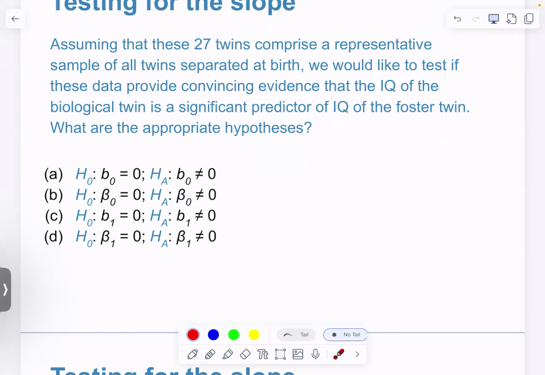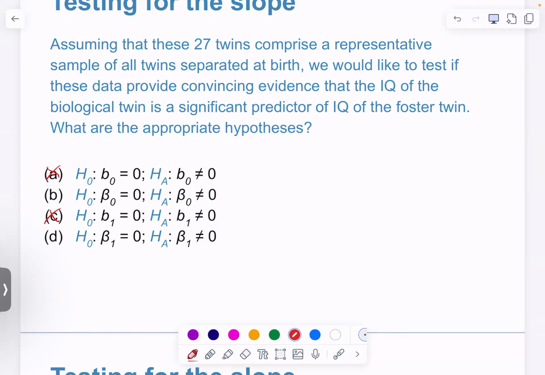And so first things first, A is out and C is out. Why? Because they're about B0 and B1. Those are just the estimates from your data, right? We don't want to hypothesize about the data. We know everything about the data.